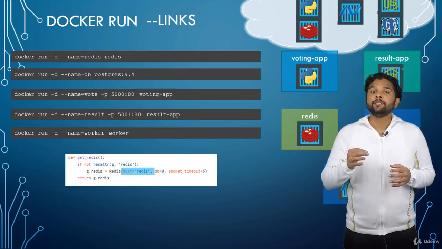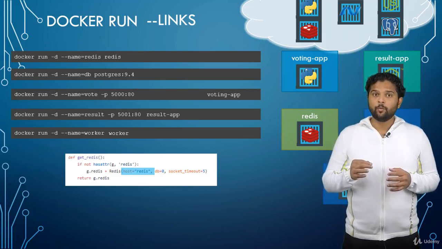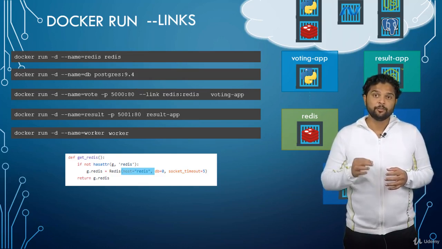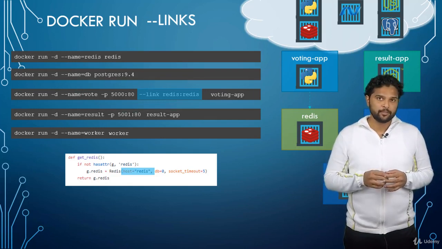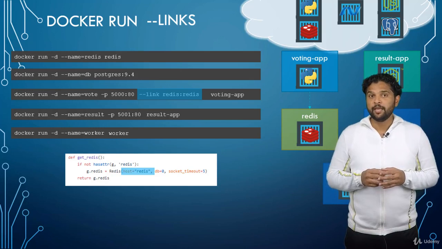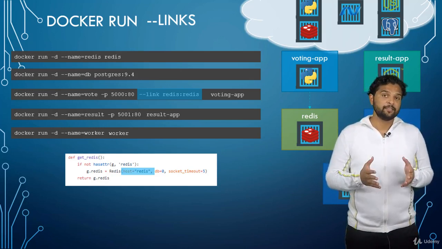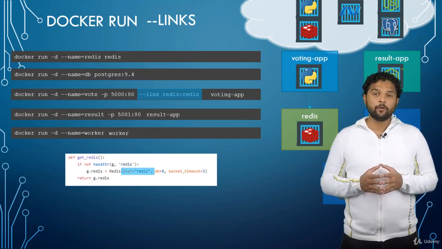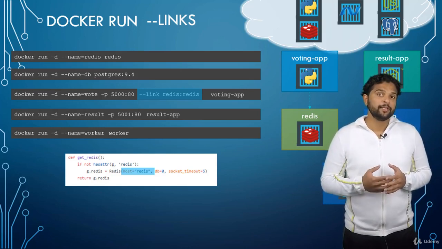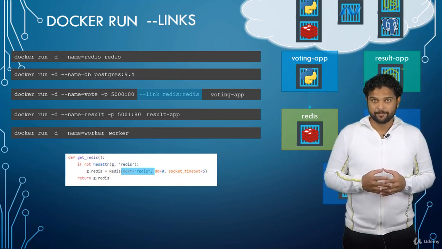To make the voting app aware of the Redis service, we add a link option while running the voting app container to link it to the Redis container, adding a --link option to the docker run command and specifying the name of the Redis container, which in this case is redis, followed by a colon and the name of the host that the voting app is looking for, which is also redis in this case.